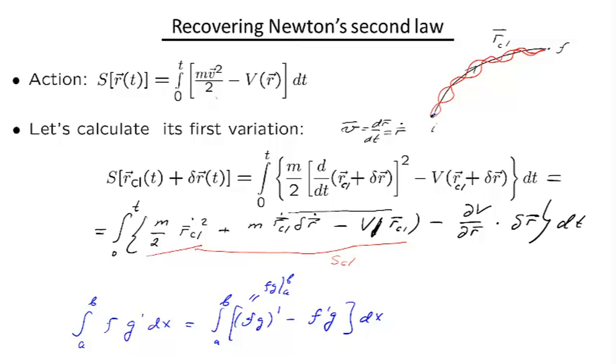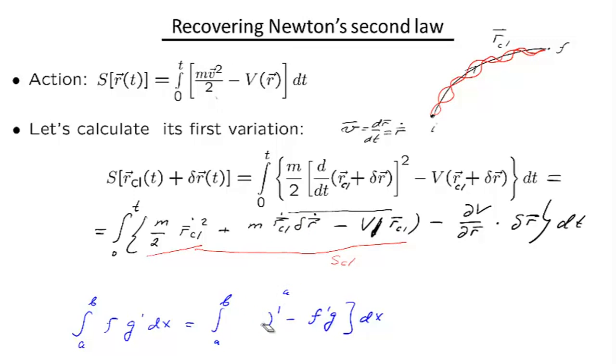Our trajectory, remember, is pinned. We have to go from the prescribed initial point to a prescribed final point, so there is no freedom for this fluctuation to deviate from these initial and final points. It can only deviate from the classical trajectory in between. So this full derivative term in this particular case vanishes, and we can simply move the derivative from here to here with a minus sign.